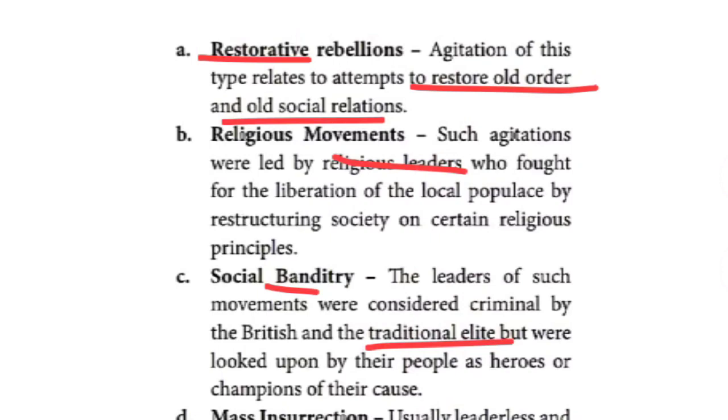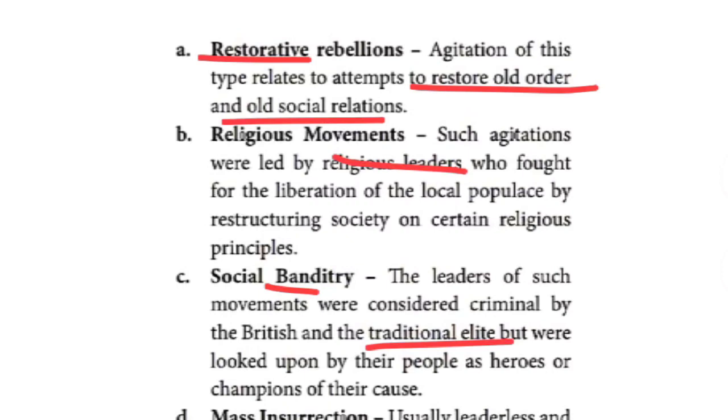The next is mass insurrection. In this type of agitation, there was no leader, and it was a spontaneous uprising. Mass insurrection, what is the meaning?